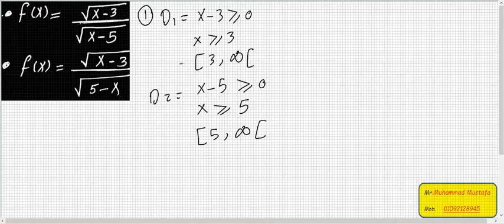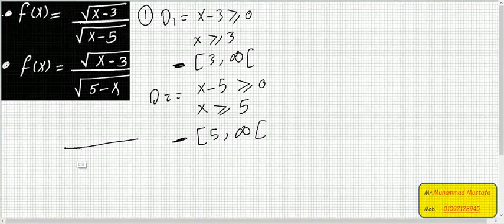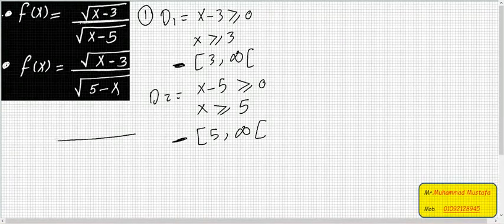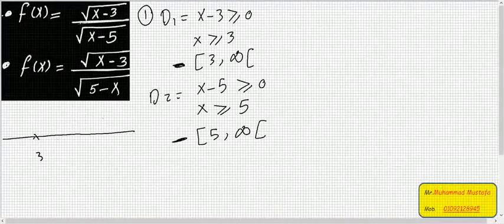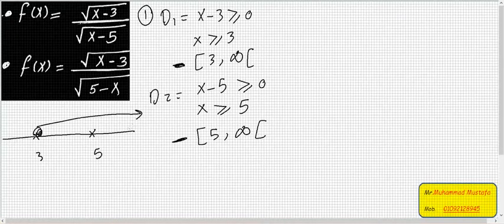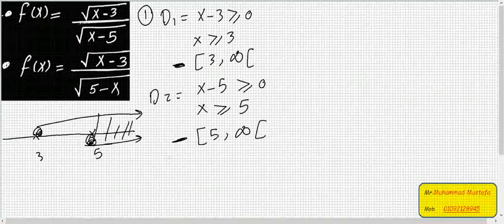This is D1 and this is D2. Their intersection: 3 and 5, from 3 closed to infinity, from 5 closed to infinity. Their intersection is this interval from 5 to infinity.